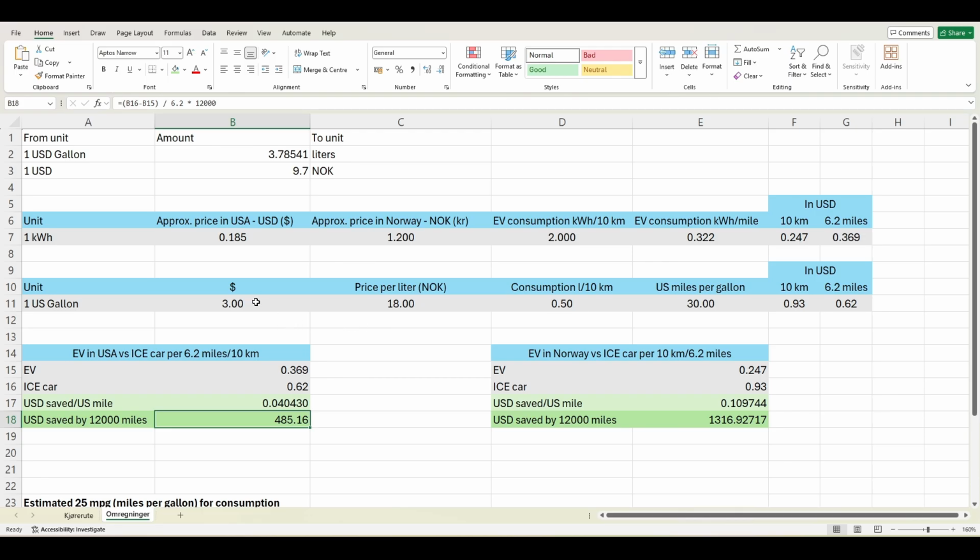And now we are just playing around with numbers. But then, what if the consumption for a smaller EV is, let's say, 1.5 kilowatt hour per mile?